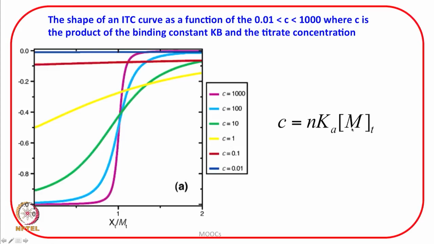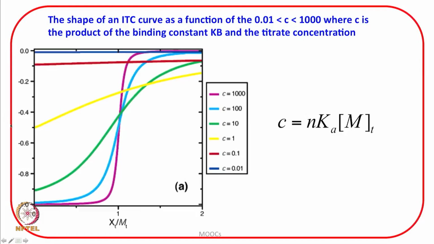And macromolecule usually is protein in this case. So, C is N times K times the total protein concentration or total macromolecule concentration.